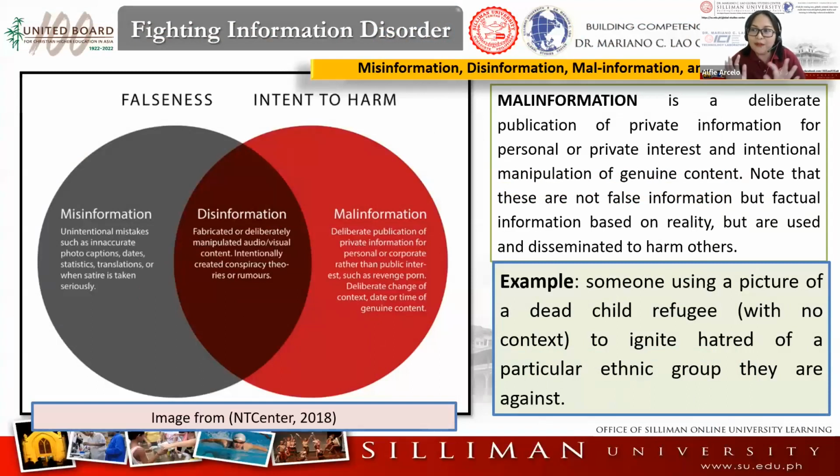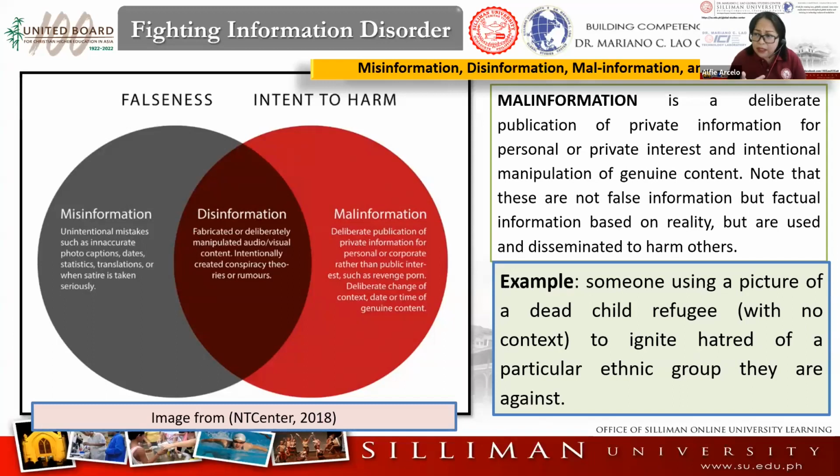The next one, the last of the three major types of information disorder, can we go now to the next slide? Oh, yes, we are already on the next slide. It's called malinformation. Malinformation is more of a factual information.